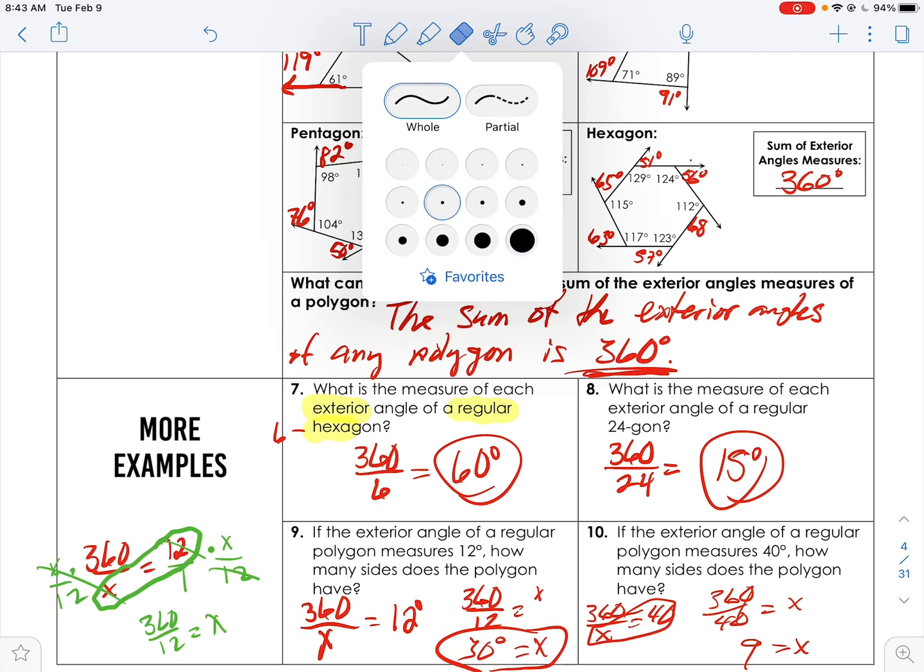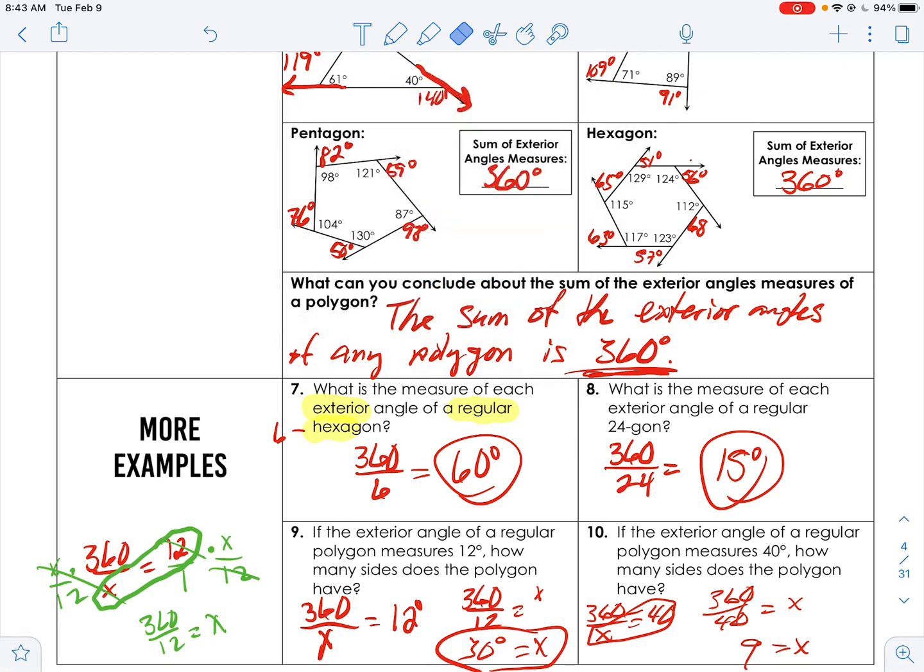Here we go. There's a 30-side gon, and now it's a 9-side gon, since every angle is bigger. So 9 sides, just like that.